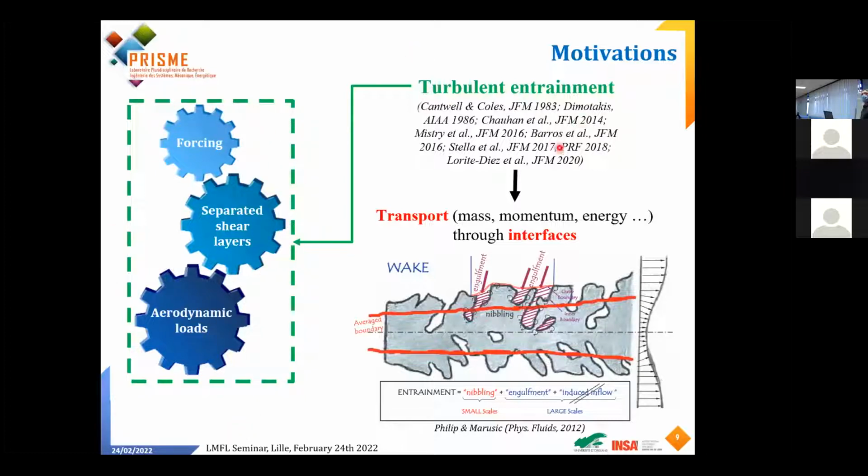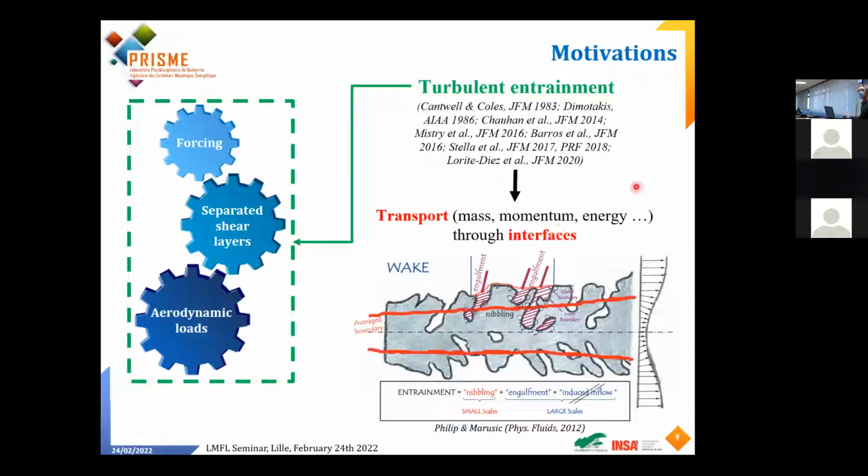What is turbulent entrainment? It's no more than the transport of a quantity through an interface. This quantity could be mass, and in the past in our team, we have worked a lot on mass entrainment through flow separation. But if we now think about forces, because at the end of the day here we want to control a force, then we need to think about momentum entrainment.